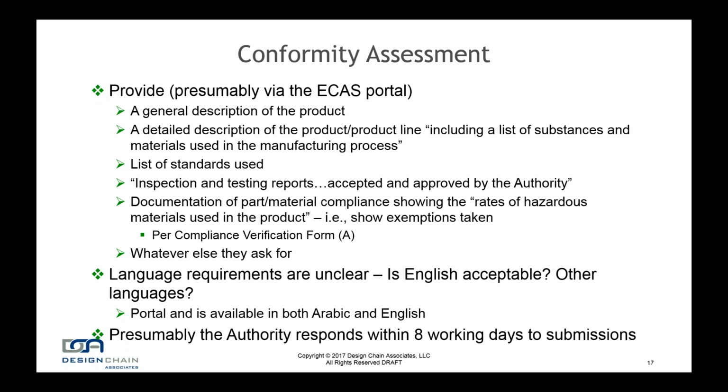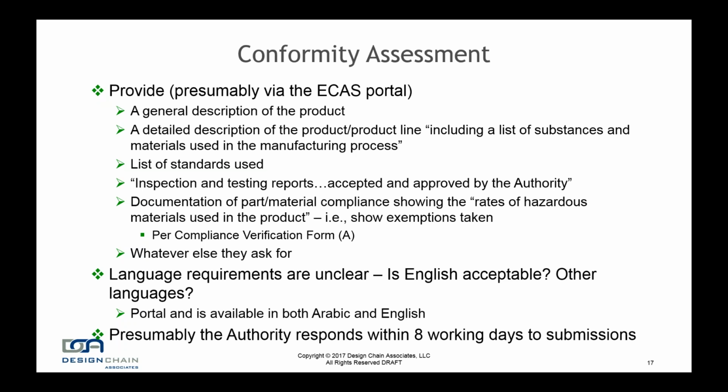The including a list of substances and materials used in the manufacturing process is rather curious, though. That's not very clear. Why do they need all materials used in the manufacturing process? Are they looking for fluxes and solvents and even reactive resins and things that are back further in the product line or product manufacturing process?